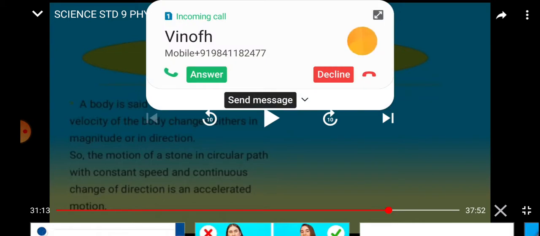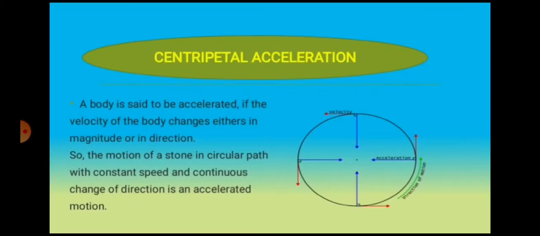Next, let's see what we mean by centripetal acceleration. A body is said to be accelerated if the velocity of the body changes either in magnitude or in direction.